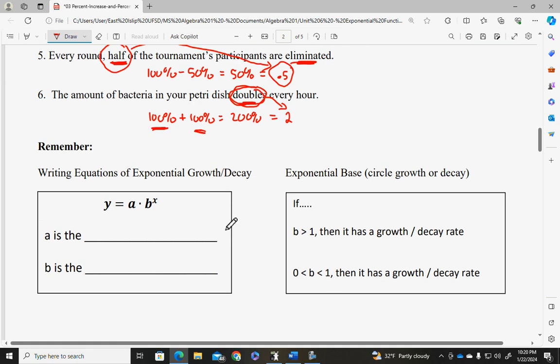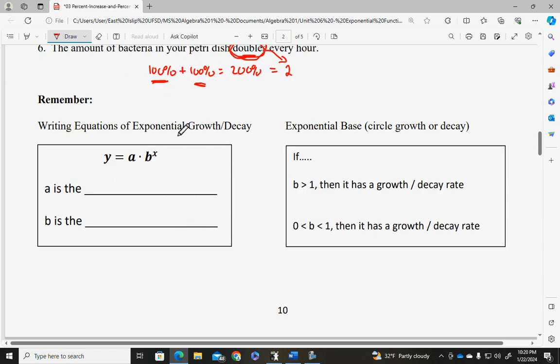So in lesson 1, we talked about our exponential growth and decay, that A is your y-intercept, and B we called the multiplying factor. It is a base, of course.